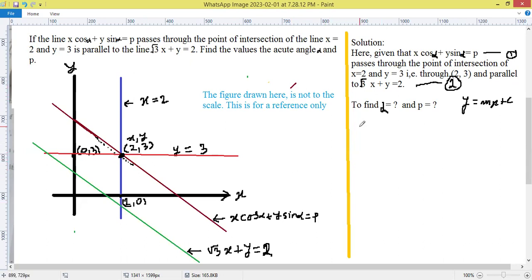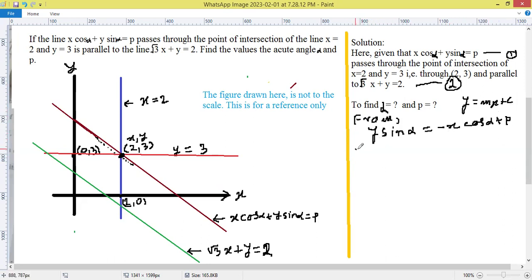So from 1, you can get y sin alpha equals minus x cos alpha plus p, right? Because this is plus here, if you transpose it to the right, it will be minus. As you are transforming this into y equals mx plus c, y should be alone.